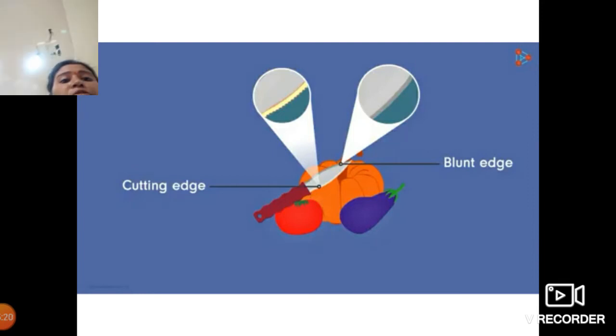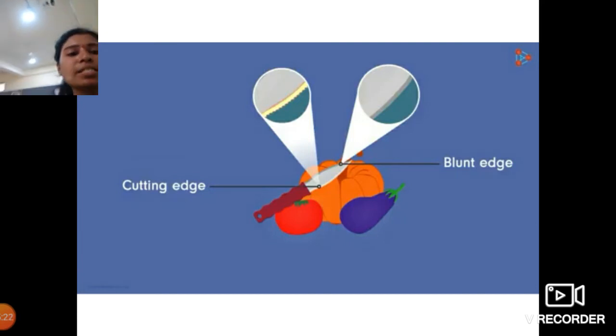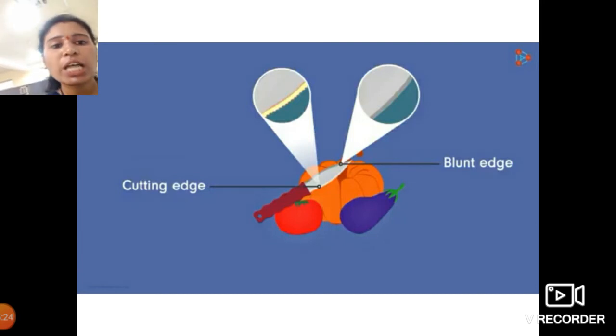It is really very sharp, students. And in the case of the blunt edge, the blunt edge has a plain area.